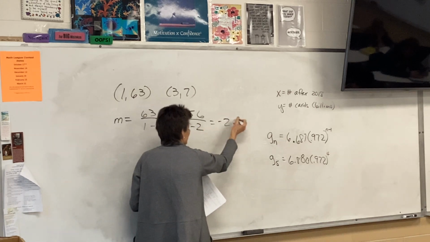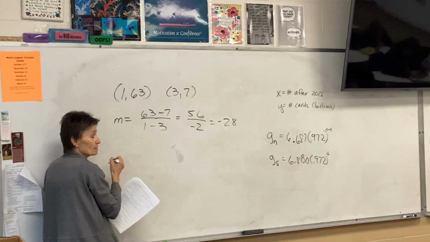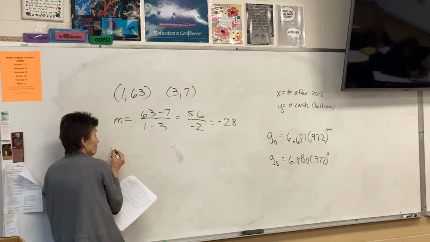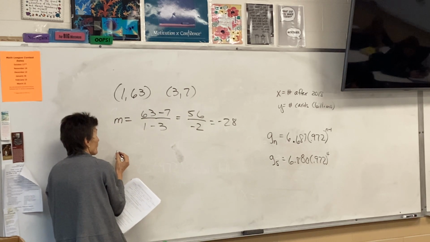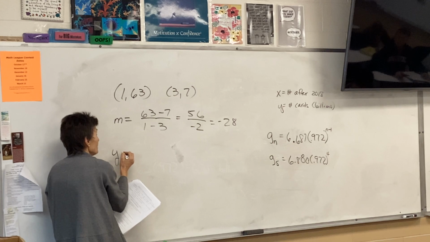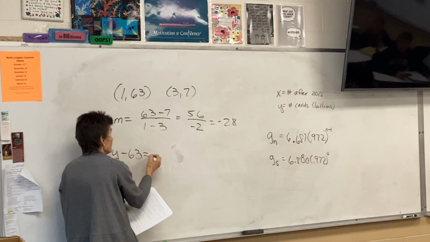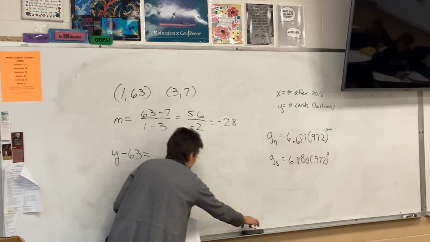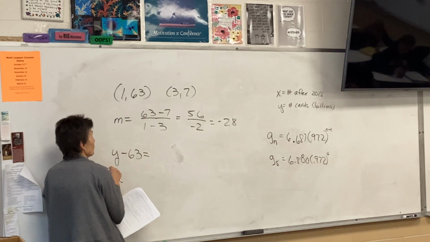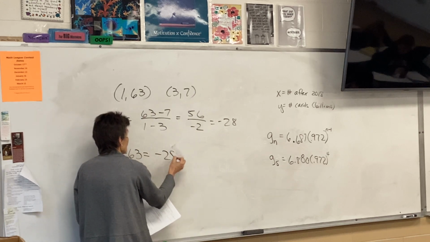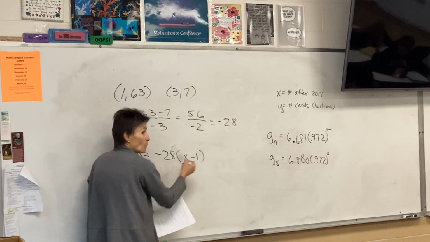So negative 28. And then what? Y minus 63, or 7, maybe 7's easier, it doesn't matter. Y minus 63 equals negative 28, x minus 1.